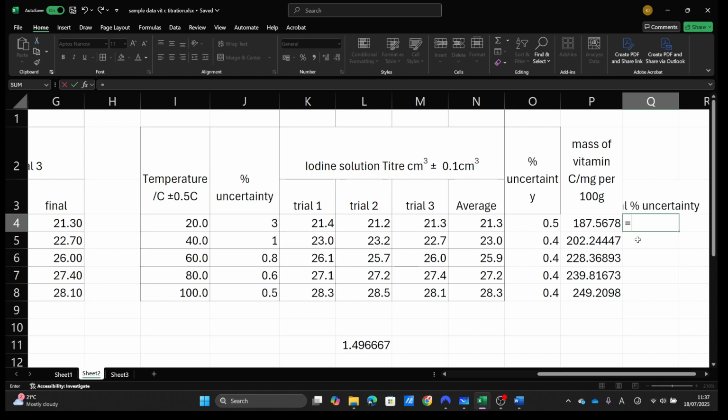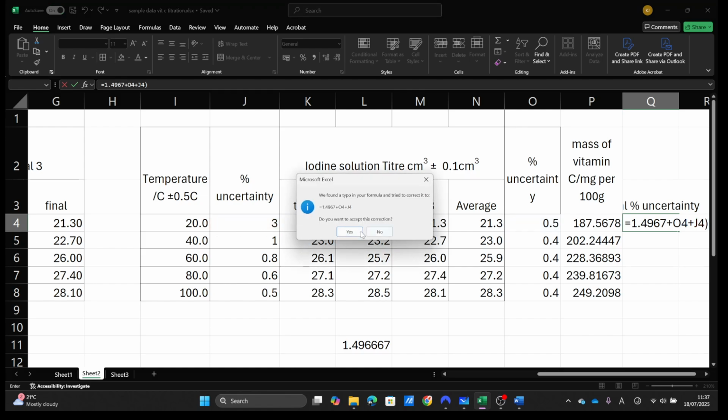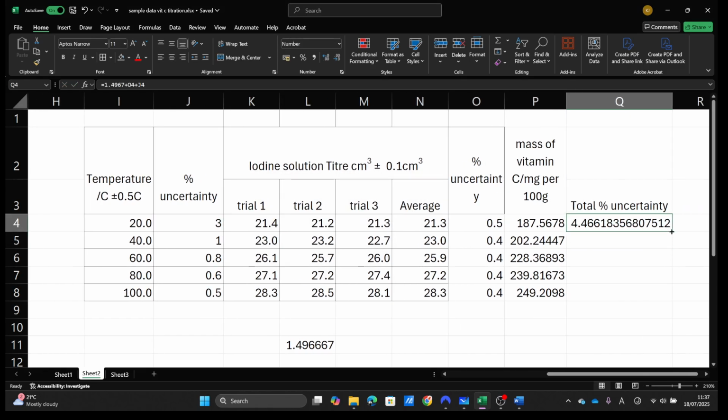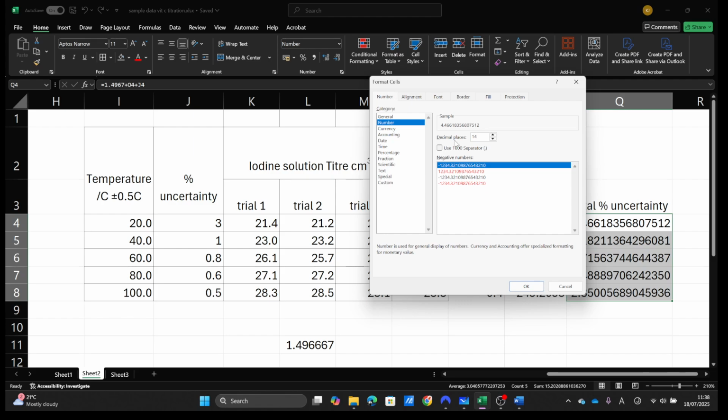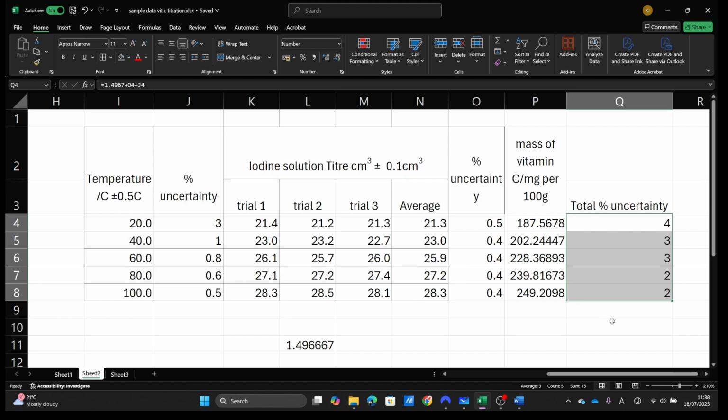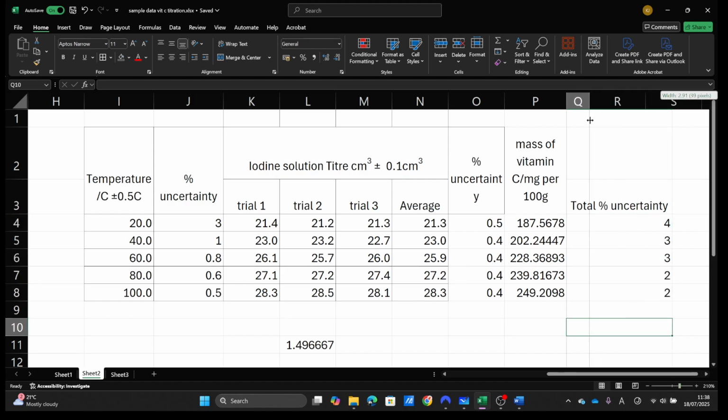Okay, so I'm actually going to just type it in. Plus this plus this. Yeah, that's okay. So do that, scroll that down, and we can see we've got a little bit of change. I think it's easiest to just make it a whole number.